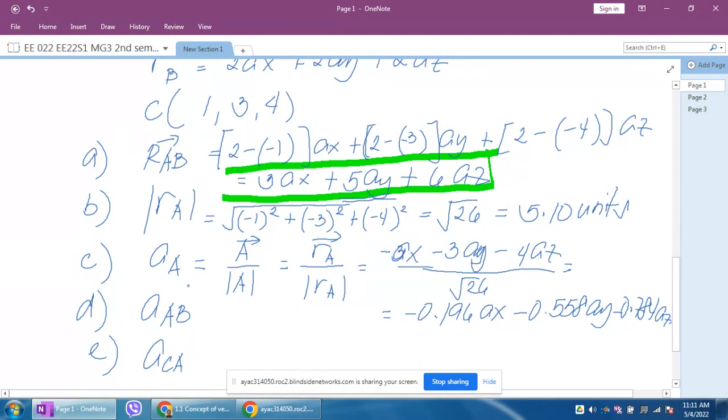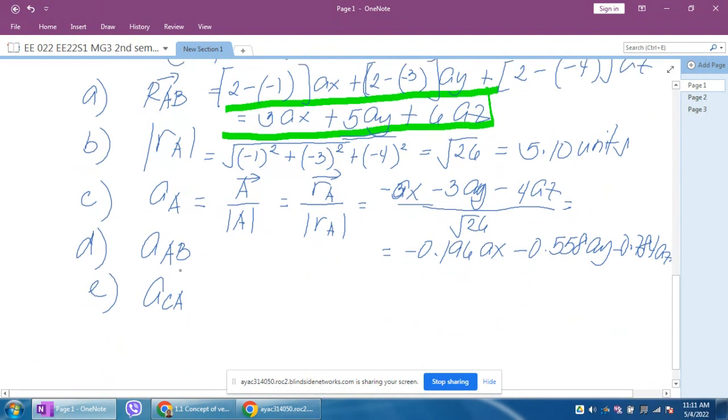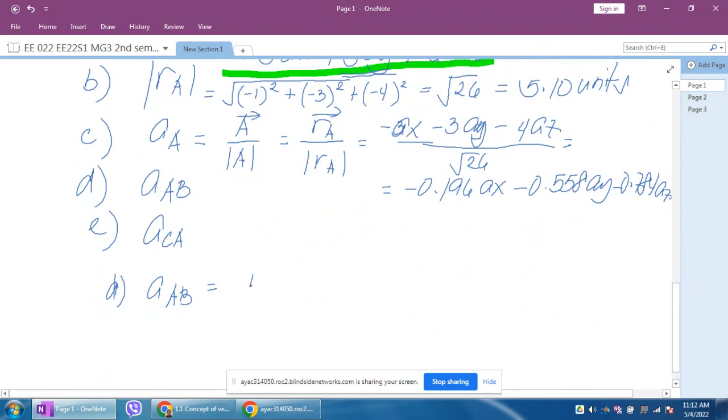Now, what about letter D? AAB. So, medyo adjust na po ako dito. Letter D, AAB is basically equal to RAB. Kinumpute na po natin ito, no?